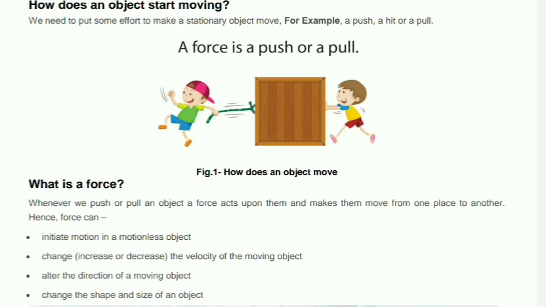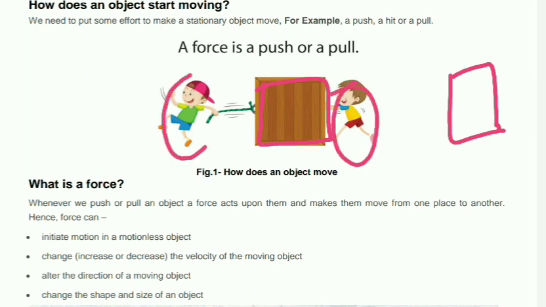If the object is at rest, it will start moving by applying force. Just like in this example, initially the box was at rest at some place, and these two kids came and one of them started pushing it and another started pulling it.